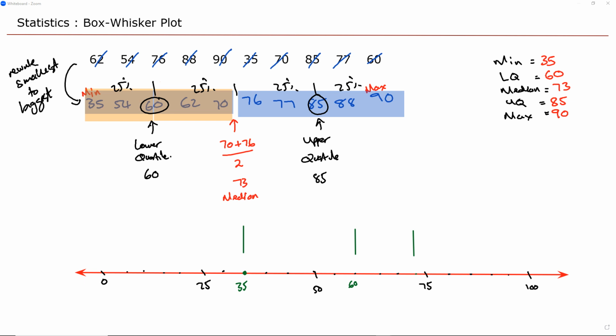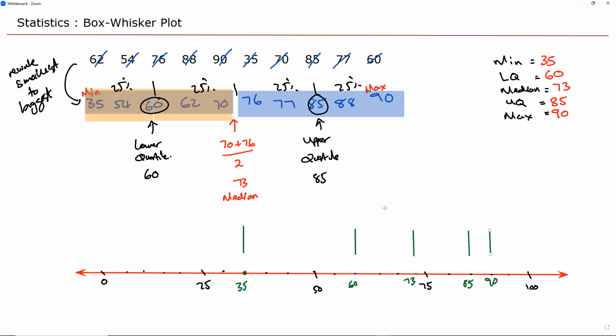Let's just put this down. This is 73. That's 85. And then lastly, 90 would be the last line, which is right here. 90. We can draw these vertical lines.